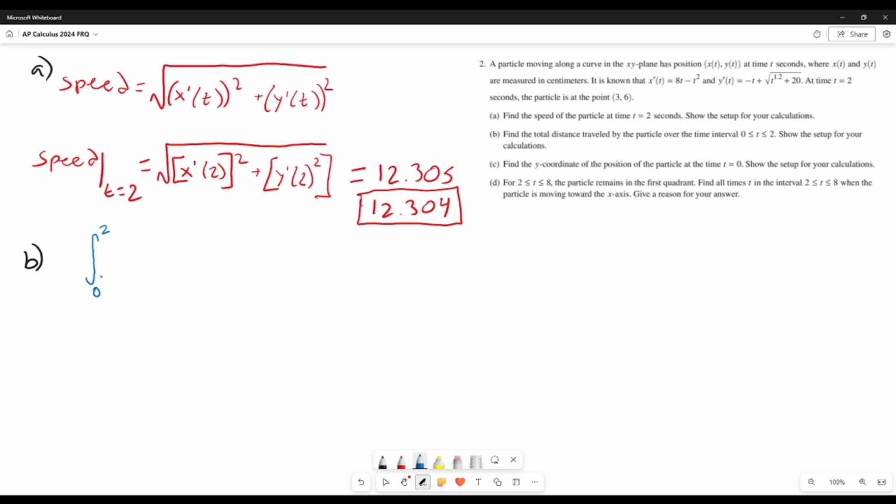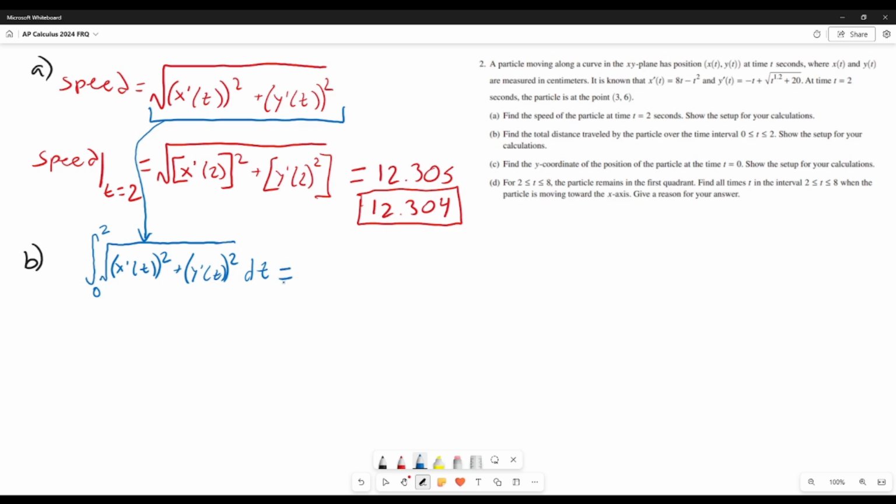In this case, it's the particle, so it is the integral from 0 to 2 of the square root of x prime of t squared plus y prime of t squared dt.